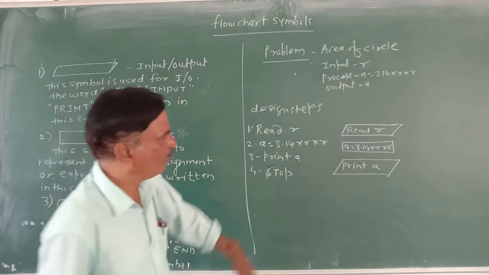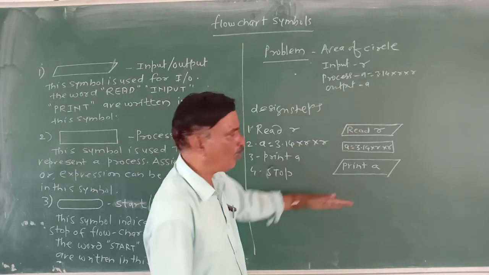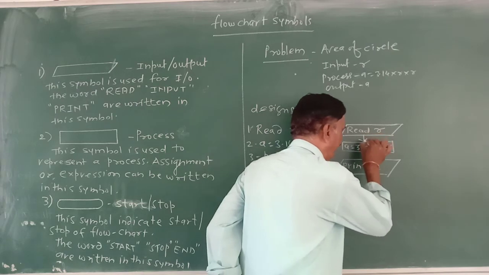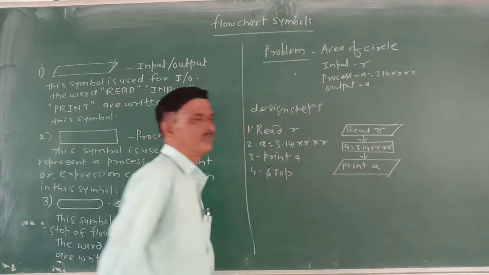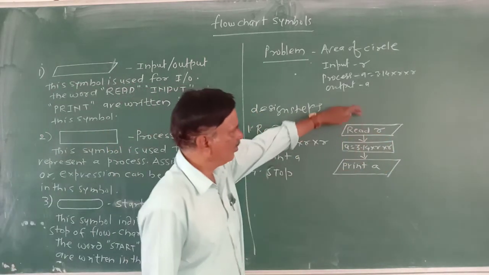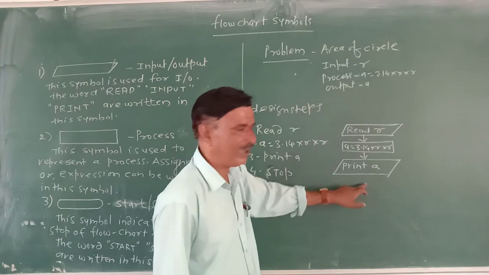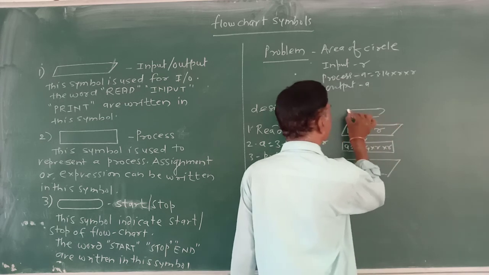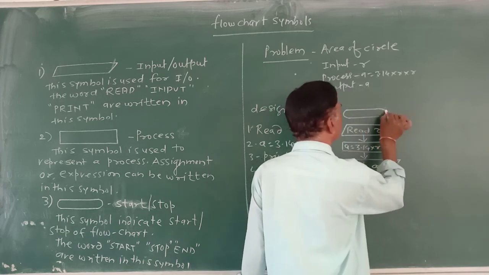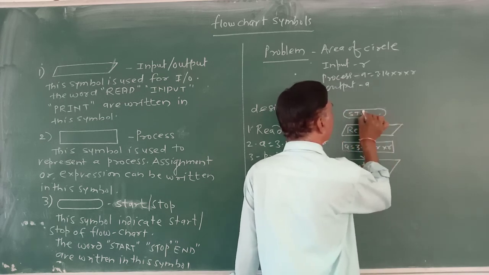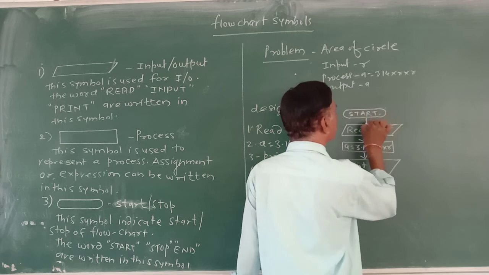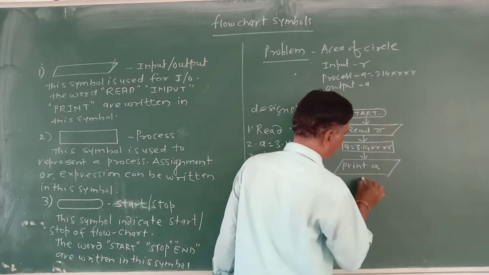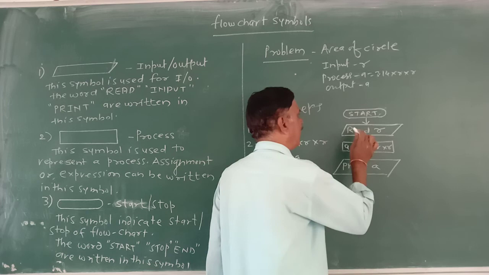The flow is first input, then process, then output. That's why we indicate flow lines. And where is the start? The start is at this start and end symbol, and here is the end.